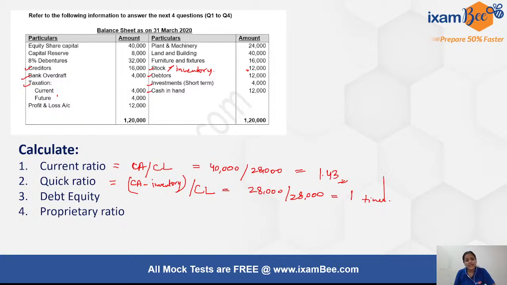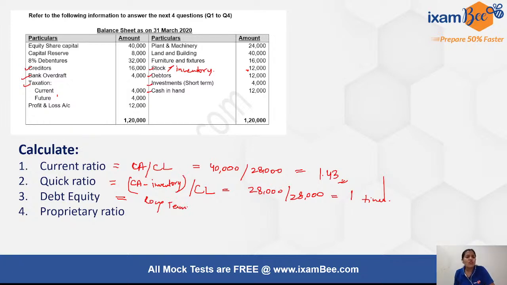Okay, now then is your debt equity ratio. Your debt equity ratio is basically all your outside liabilities which are interest bearing and fixed interest bearing. So it mostly refers to long term. In some cases, even short-term loans are included.